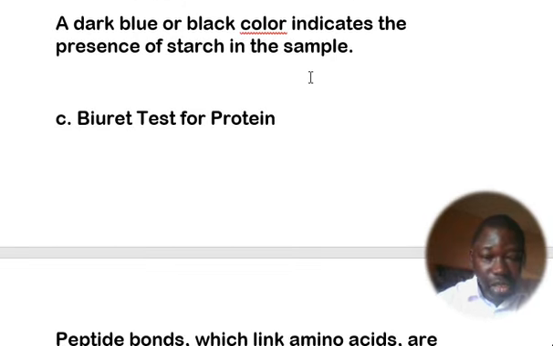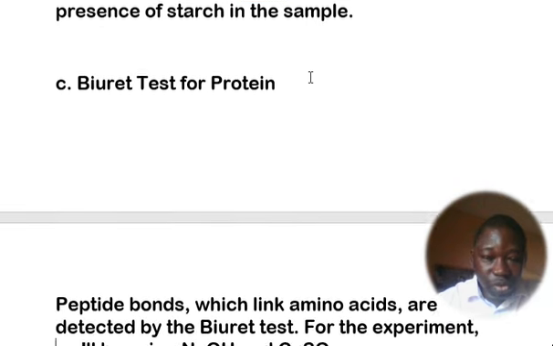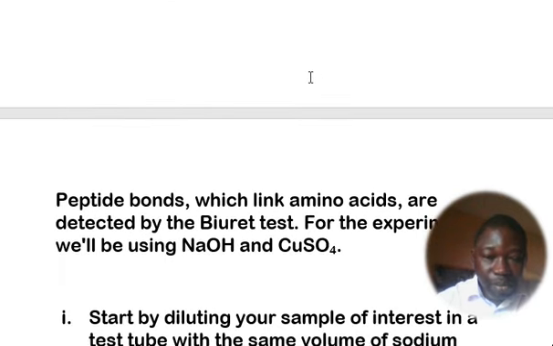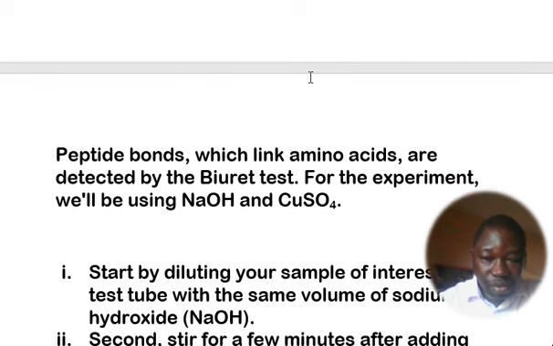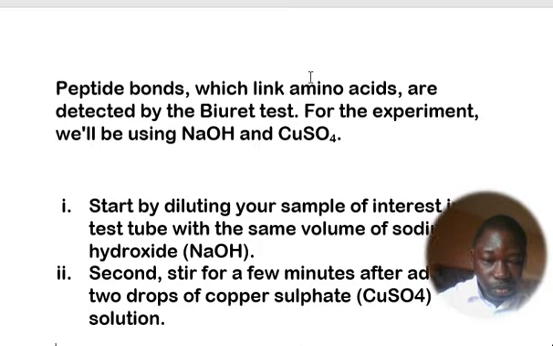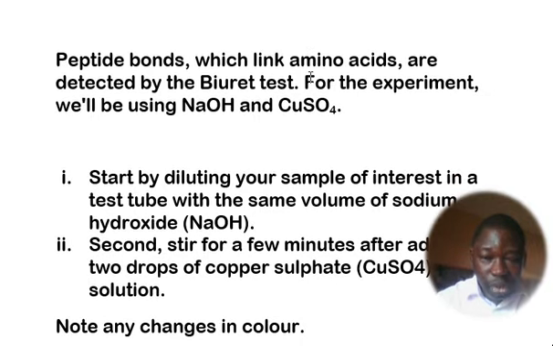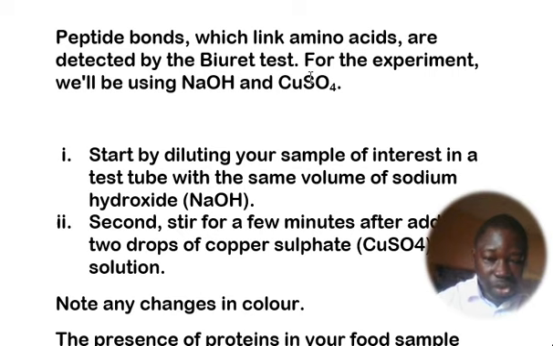The next test is the Biuret test for protein. Peptide bonds which link amino acids are detected by the Biuret test. For the experiment, we'll be using sodium hydroxide and copper sulfate. You start by dissolving your sample of interest in a test tube with the same volume of sodium hydroxide.